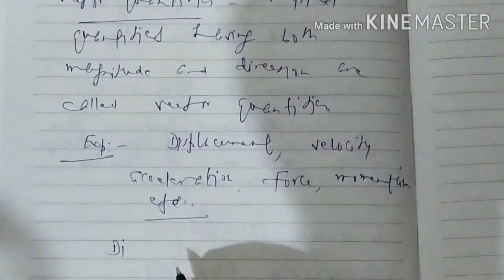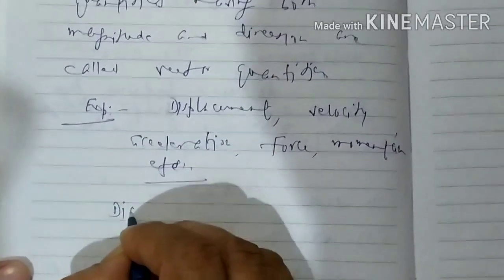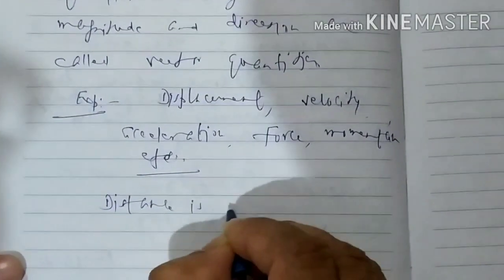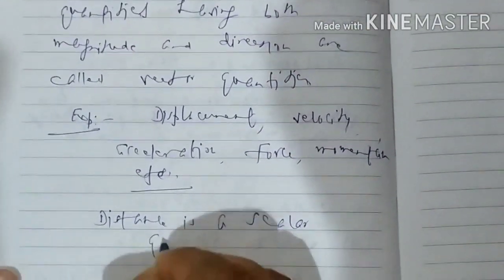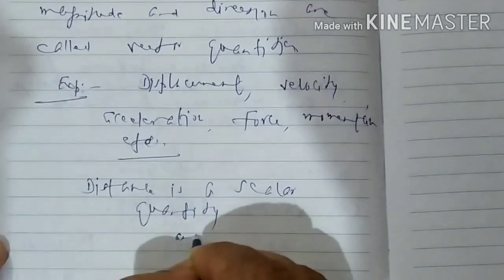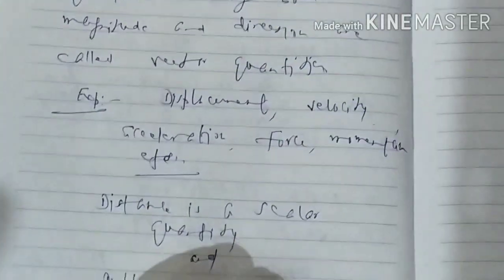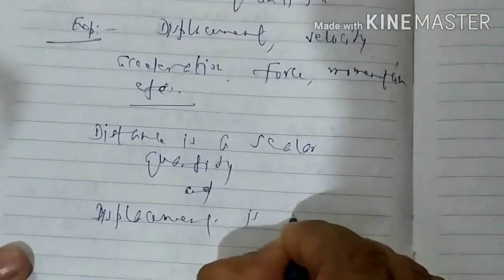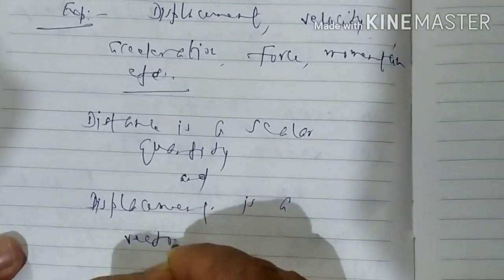Now, with the help of this concept, we can say that distance is a scalar quantity and displacement is a vector quantity.